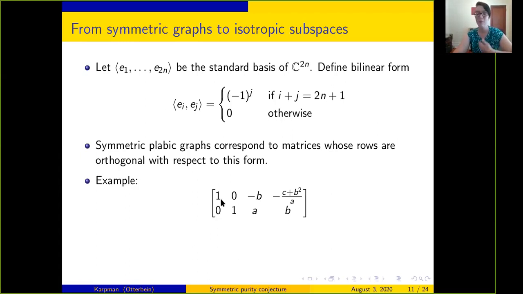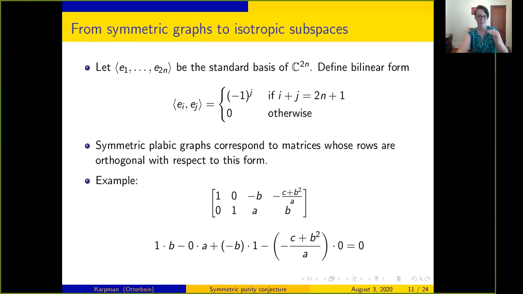So for example, here's the matrix from our last slide. I'd like to make the case that the rows of this matrix are orthogonal with respect to this form. And indeed, if I take the product, I have 1 times b, and then because of these alternating signs, minus 0 times a, plus minus b times 1, minus minus c plus b squared over a times 0.